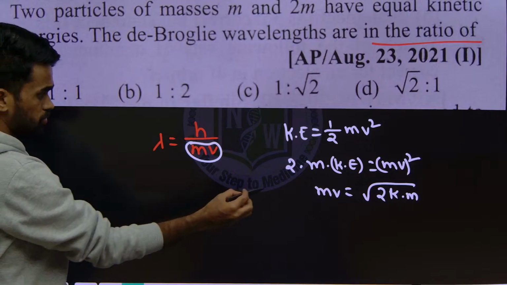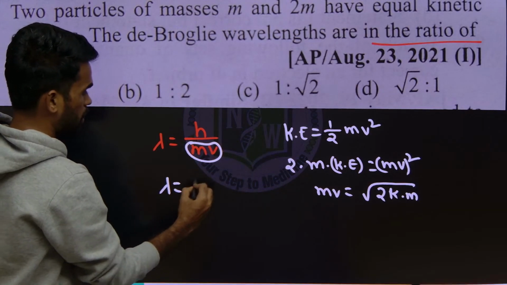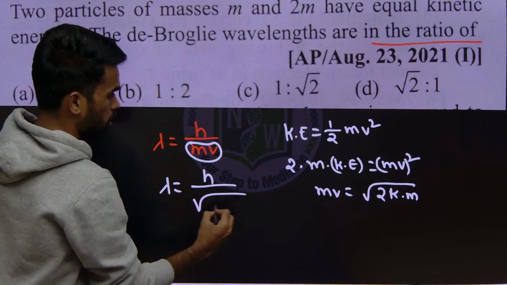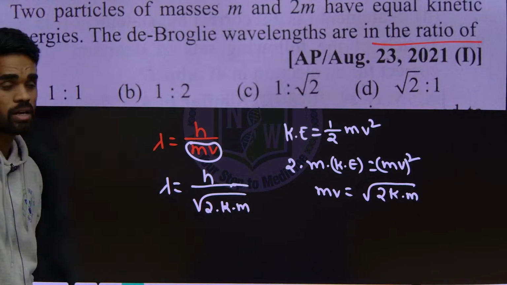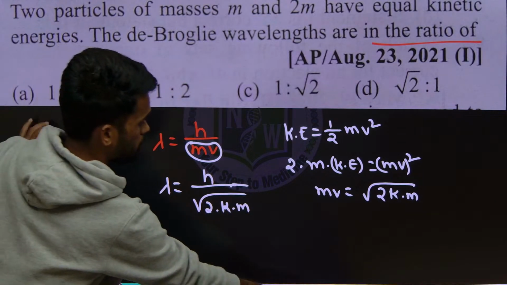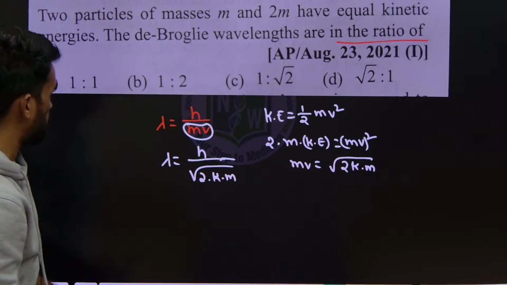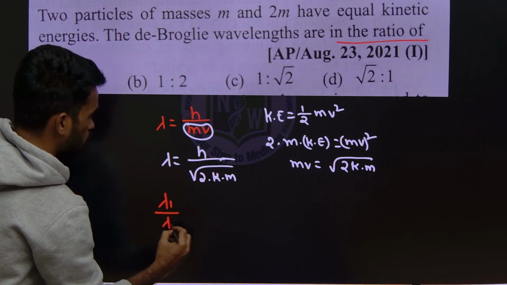Okay, right. In the place of this mv I can substitute, lambda will be equal to h by root over 2Km, right? Hope this is clear up to here, right? What they are saying, wavelengths are in the ratio. Okay, it means you take it as a ratio here itself for making it comfortable for you. Lambda 1 by lambda 2 you take.